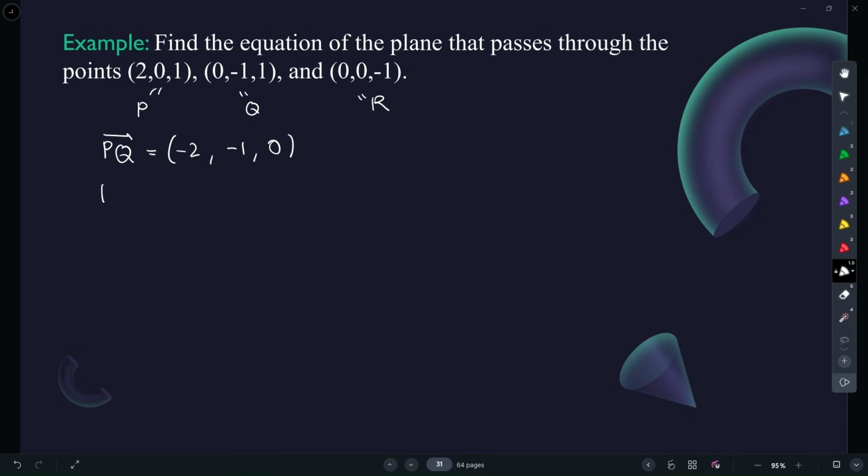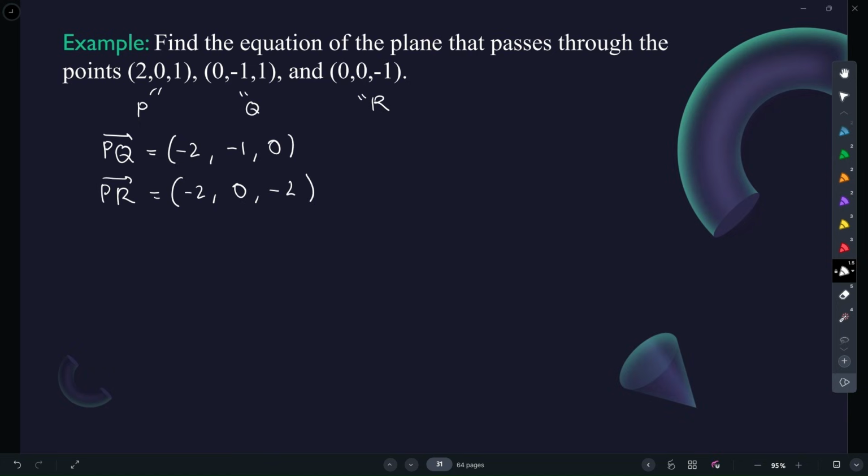The vector from P to R will be R minus P. So 0 minus 2 is minus 2 again, 0 minus 0 is 0, and minus 1 minus minus 1, that's minus 2.